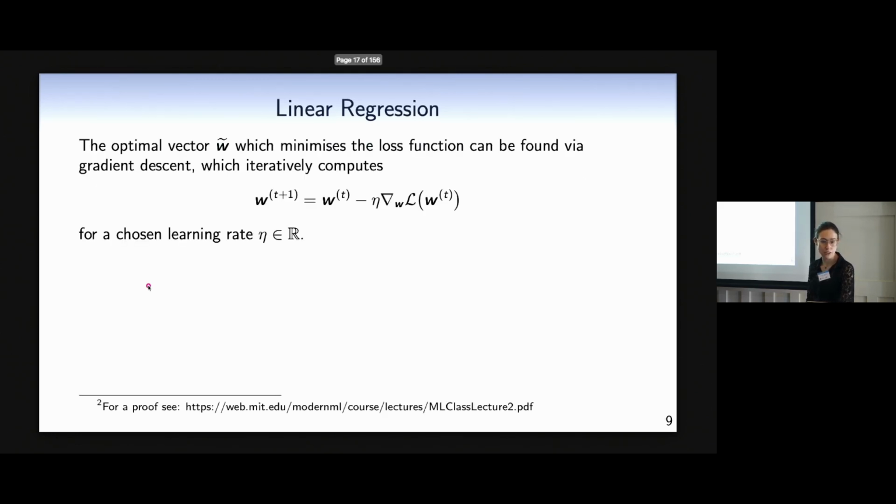So how do you do that? One of the standard ways of looking for your optimal vector that minimizes that loss function is gradient descent.